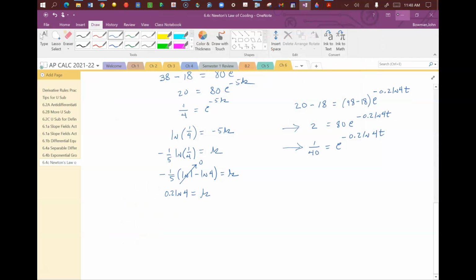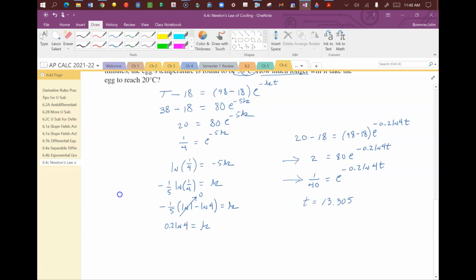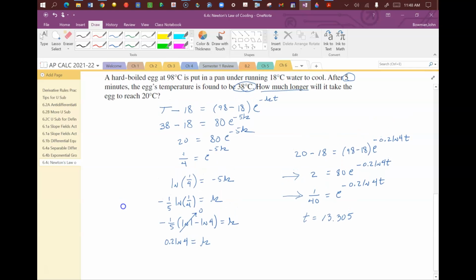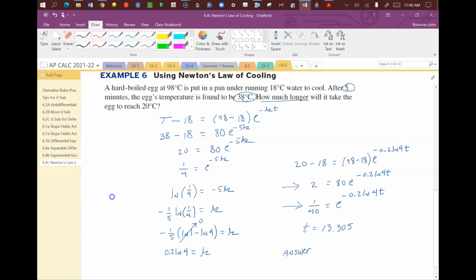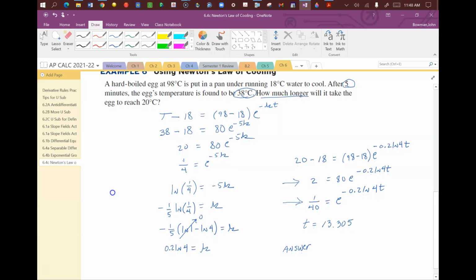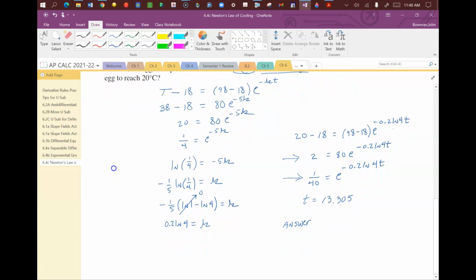We get 13.305. One other thing I wanted to point out is that this is the time at which the temperature of the boiled egg reaches 20 degrees C. The answer is based on the question, how much longer will it take the egg to reach 20 degrees C?